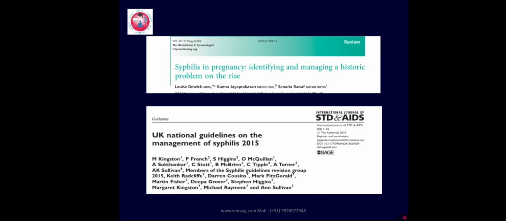One is Syphilis in Pregnancy, and the second is the UK National Guidelines on the Management of Syphilis, published in 2015. The first TOG article is published in 2020, and the UK National Guidelines were published in 2015. These are the two articles from where I have taken all the slides.